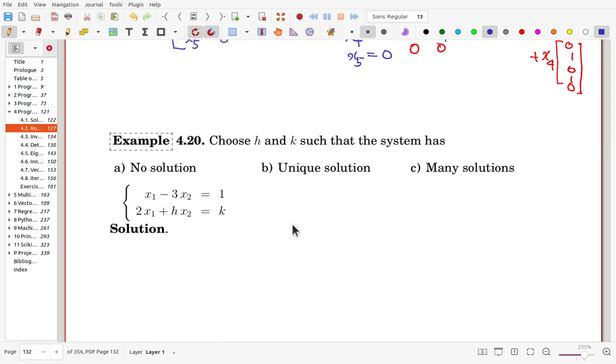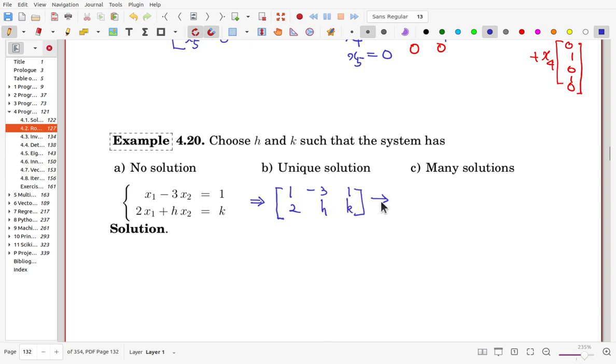Choose h and k such that the system given here has no solution, a unique solution, and many solutions. Okay. Now for this one, we start with this augmented matrix: 1, minus 3, and 1 are the coefficients, and the right-hand side is 2, h, and k.